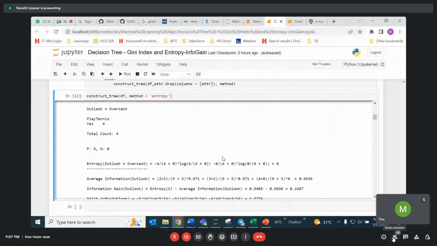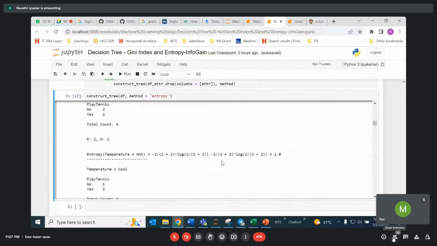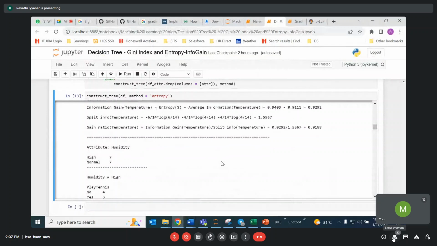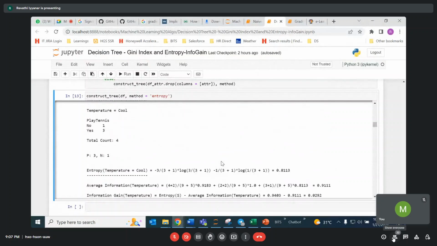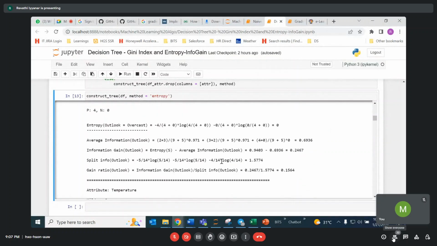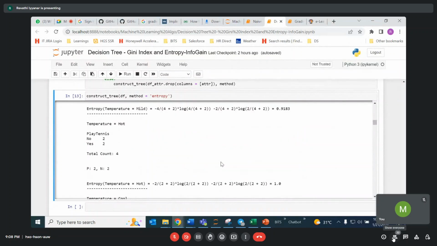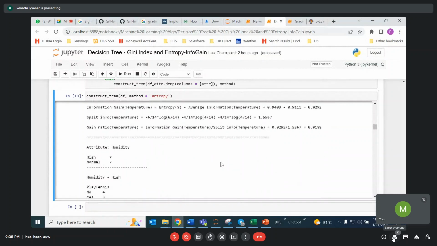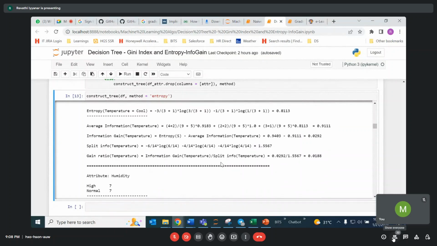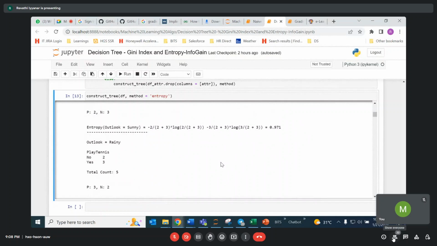So here I think Outlook is the one which has the maximum gain at the first entropy or information gain calculation.